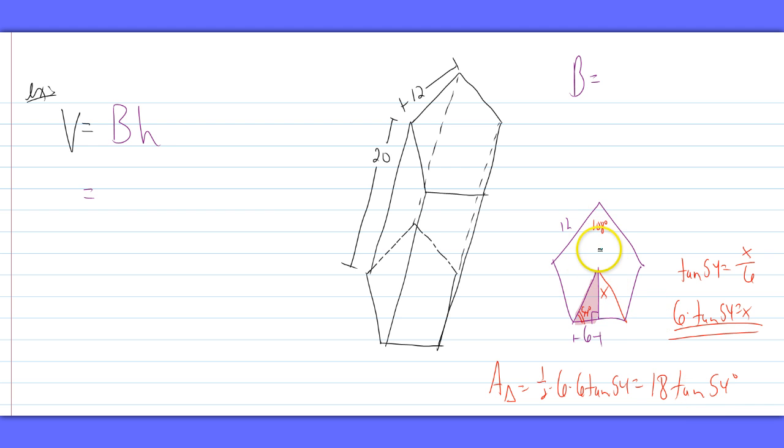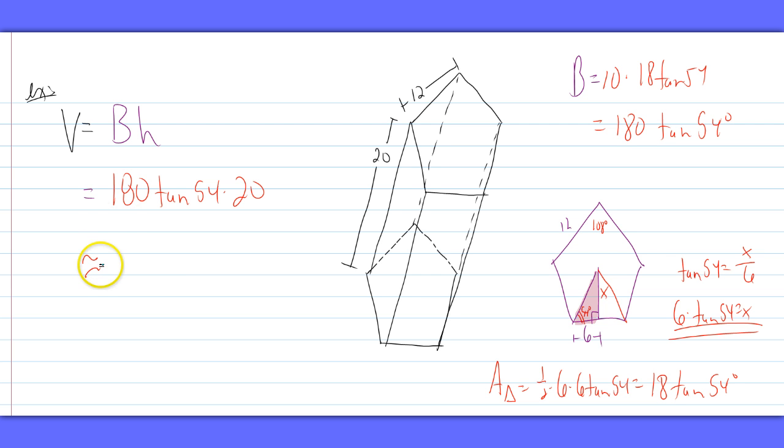So the area of this is going to be 10 times 18 tan 54, 10 times the area of that one triangle. So the area of this base is 180 times the tangent of 54. That's the area of this pentagon. So now to find the entire volume, we're going to take that area times the height of this pentagon, which is 20.